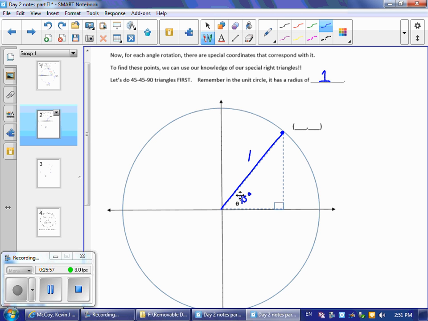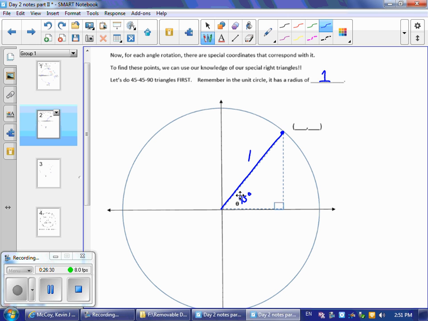All right? Well, I know this is a 45, 45, 90 because the one angle that I have drawn is 45, the right angle is just to the right of that, and then the top is also 45, which I'm not going to label. If it's a 45, 45, 90, you should remember the relationship between the legs and the hypotenuse: if you know one of the legs, which are the pieces that we're missing, the leg times the square root of 2 will give you the hypotenuse.